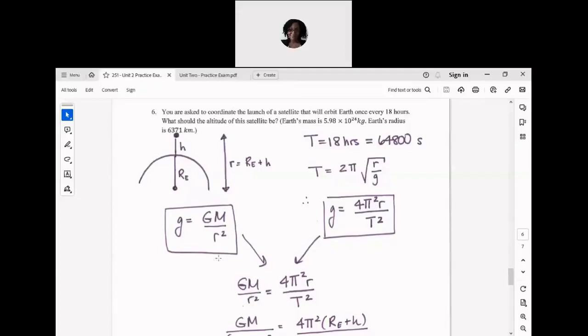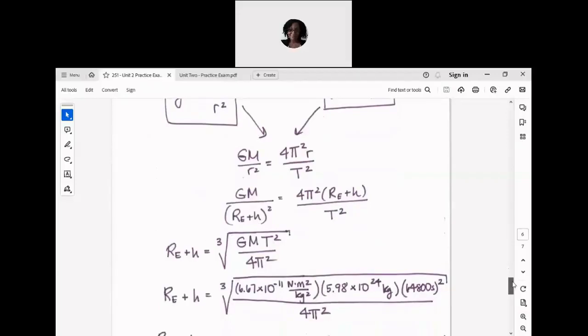We also know from chapter 6 that we can predict what free fall acceleration should be measured relative to some planet that has mass capital M and some distance lowercase r, where lowercase r encompasses the altitude of the satellite measured with respect to the surface and also the radius of the planet. If we put those together, we have an expression that now just has lowercase r as an unknown.